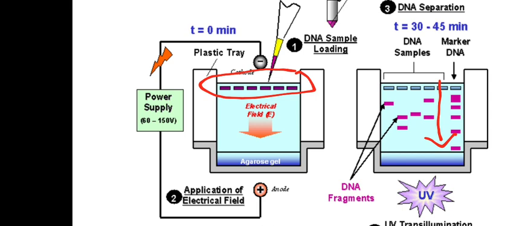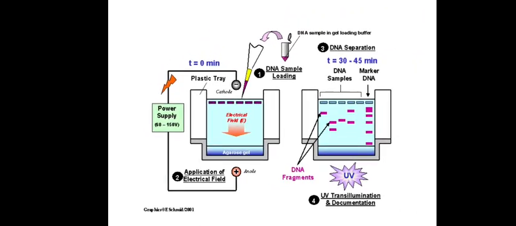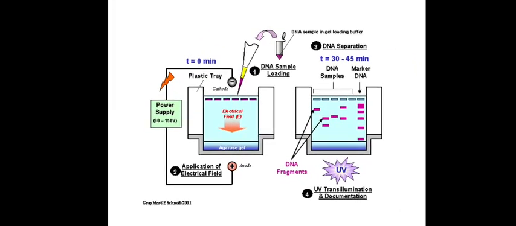And then you can also compare with the ladder. This is the ladder sequence, so it will have all known fragments. Then you can compare it with the ladder to see what might be the length of the DNA fragment. Now this running will usually be in the gel. Later on you'll have to use other techniques, like autoradiography.